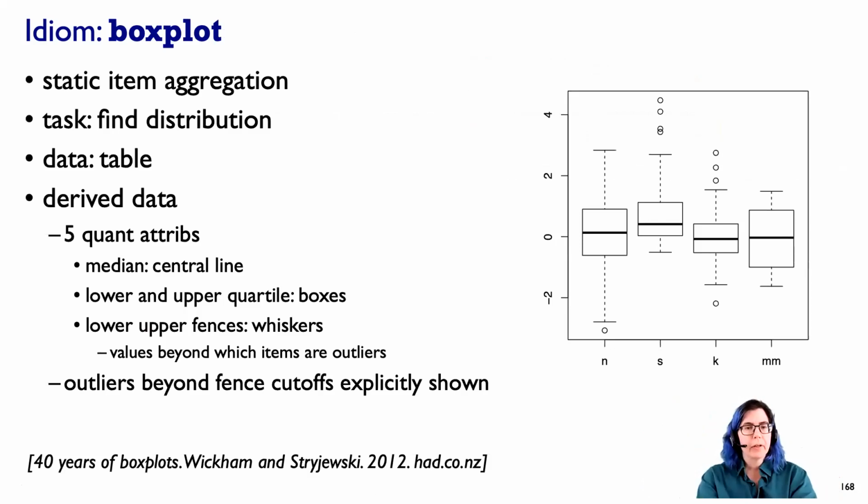Continuing to think about aggregation, box plots, of course, are another very famous form of aggregation. Again, this is a way you can think about it through our analysis lens as derived data. You have your original table, you compute these 5 quantitative attributes, and the key thing about these is that it doesn't matter how many original items you had in your table, the size of the box plot is finite, it's fixed, it's constant.